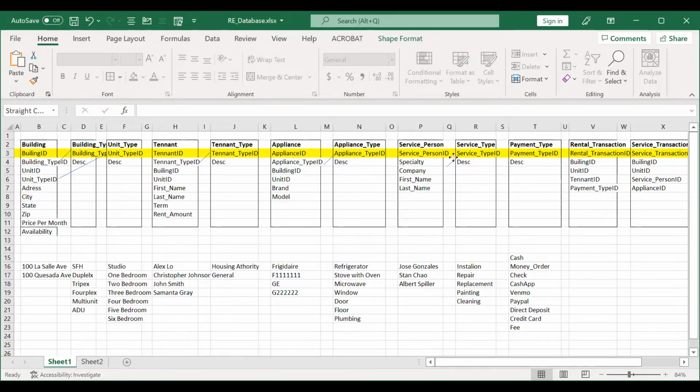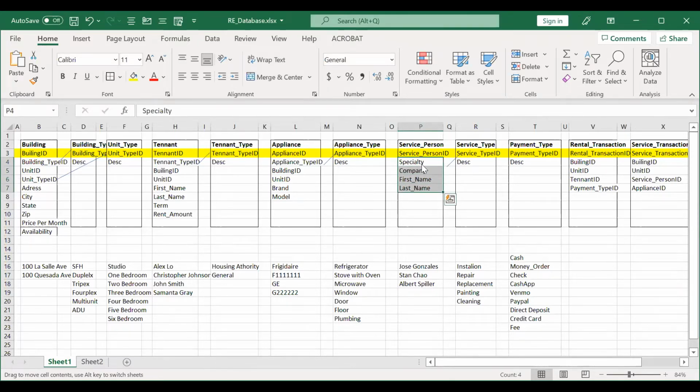Service person ID to service. I think I missed the service type ID here. It's possible that I need a service type ID.